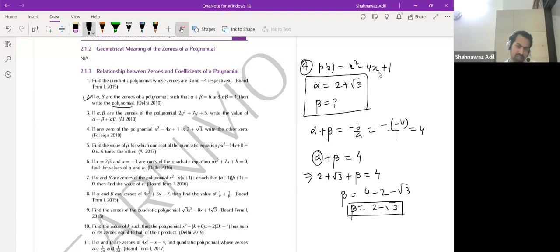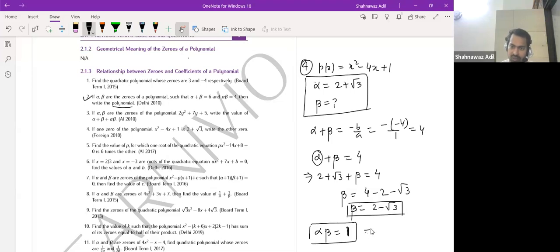And Abir, if I ask you that if I use alpha into beta, so will I get the same result or not? Yes, sir. Good. So let's say alpha into beta is 1, right? Yes, c by a.